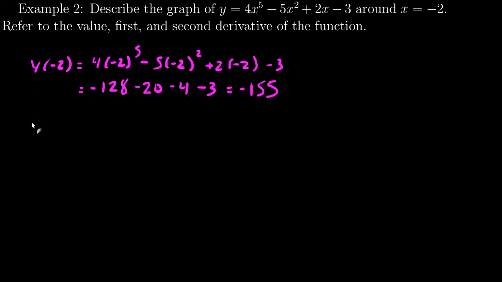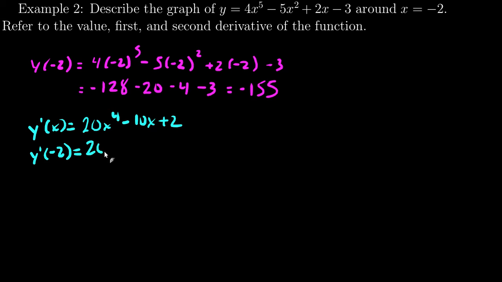Alright, next thing I need is y prime. So y prime of x is going to give me 20x to the fourth minus 10x plus 2. And I need to evaluate this at negative 2 to see what's happening there. So 20 times negative 2 to the fourth minus 10 times negative 2 plus 2.